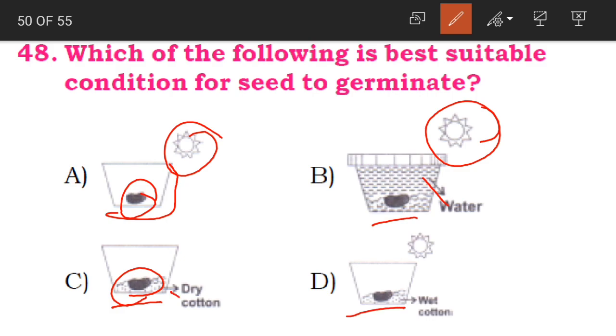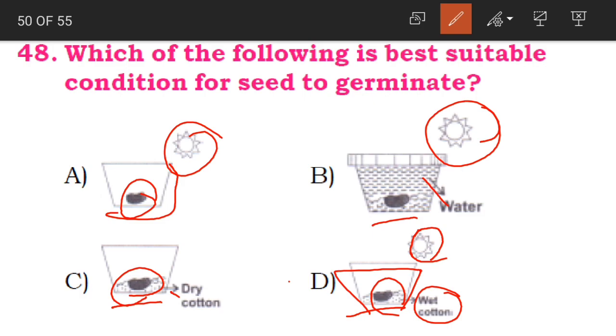D option, there is a container, and sunlight is also there, and the seed is wrapped in wet cotton, which makes the seed remain warm because of the moisture.